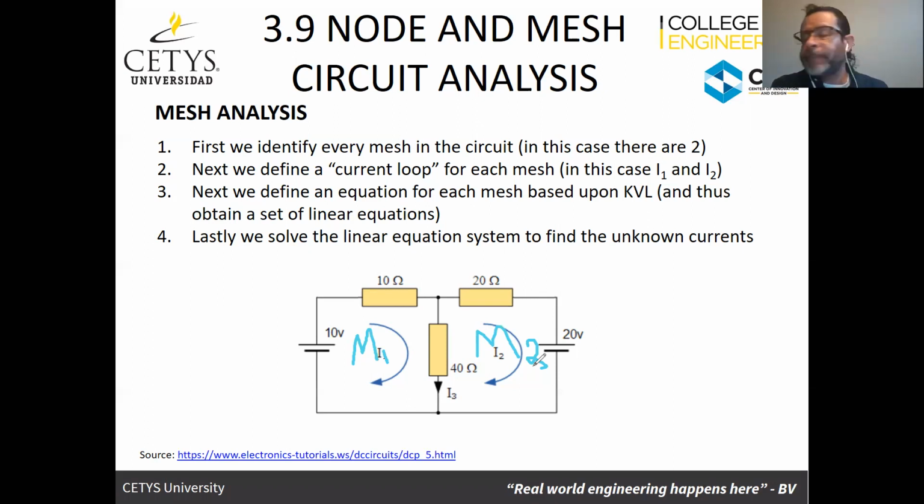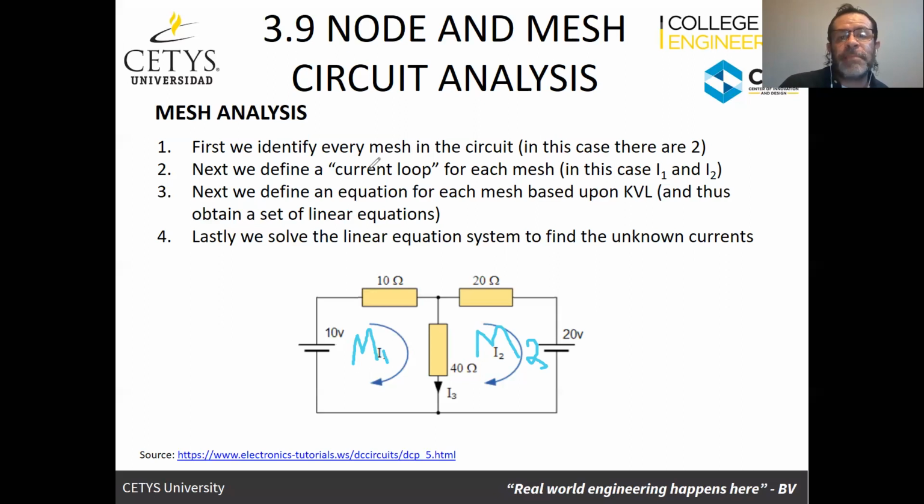Which one is correct? It doesn't matter. Why? Because we establish the current loop in a certain direction and do the analysis. If the end result is that the current is positive, it means it's going in the direction I established. If in the end the current is negative, that just means it's going the other way around.